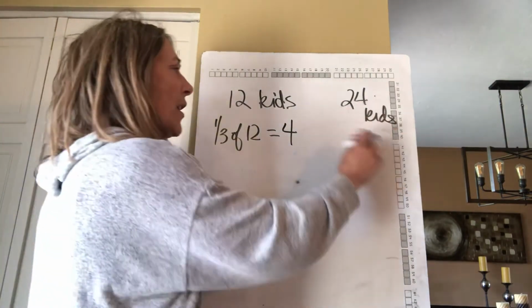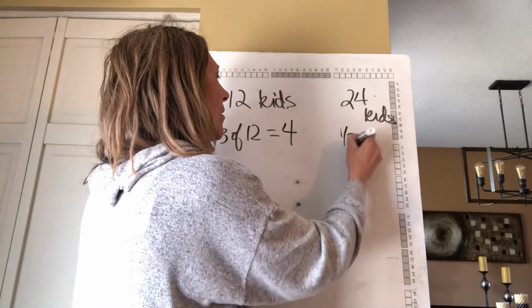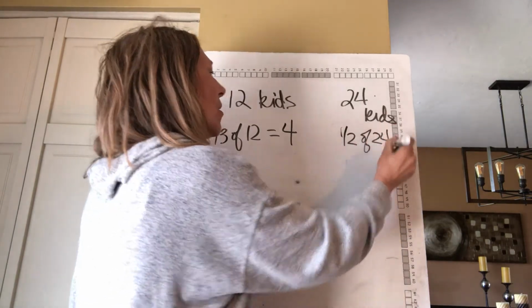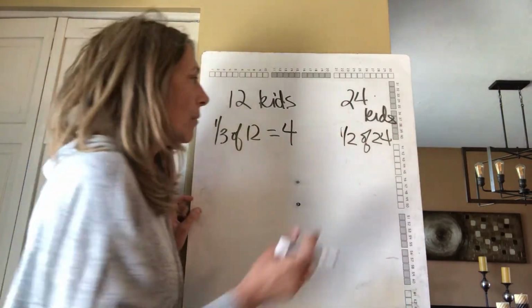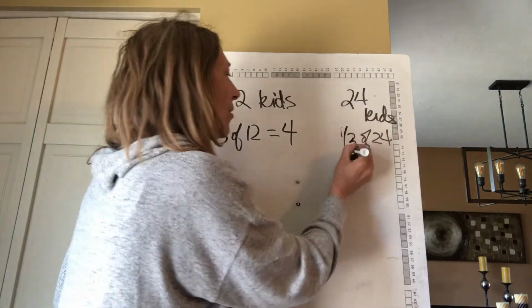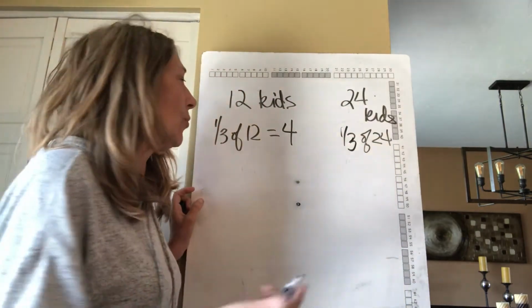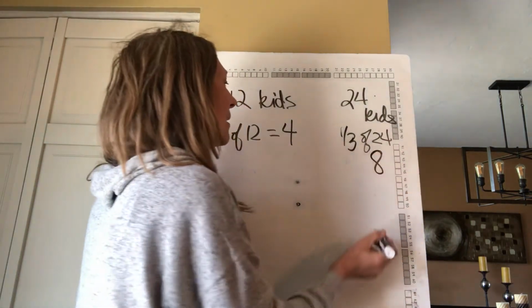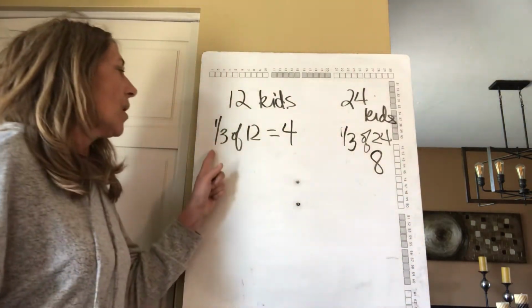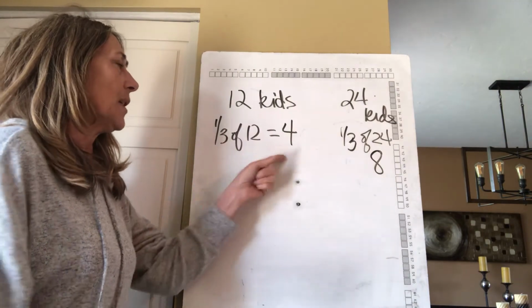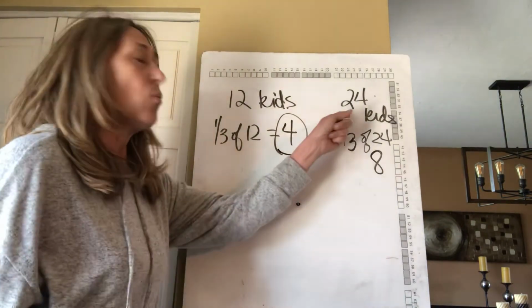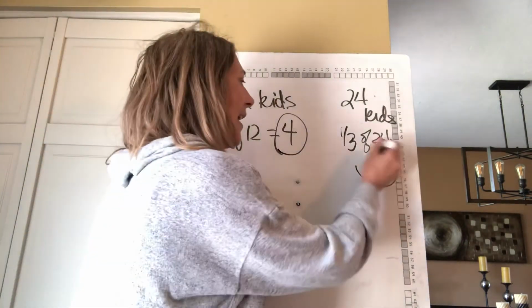Okay, so 1/3 of 24, oops, I wrote 1/2. 1/3 of 24 would be taking 24 and putting it into 3 equal groups. And that's 8. So 1/3 of this group is only 4, and 1/3 of this group is 8.